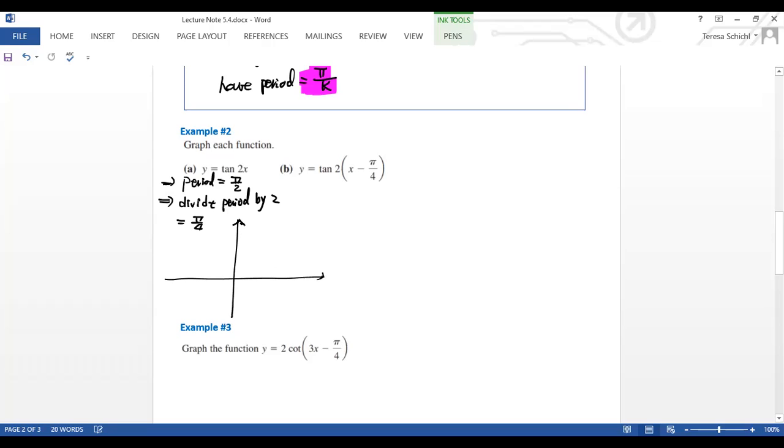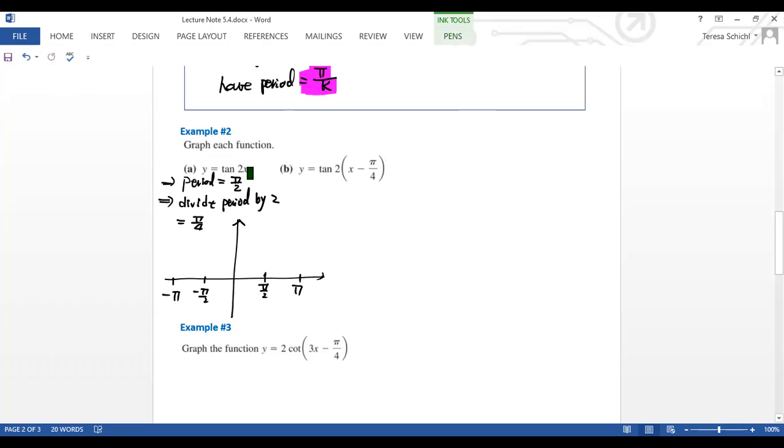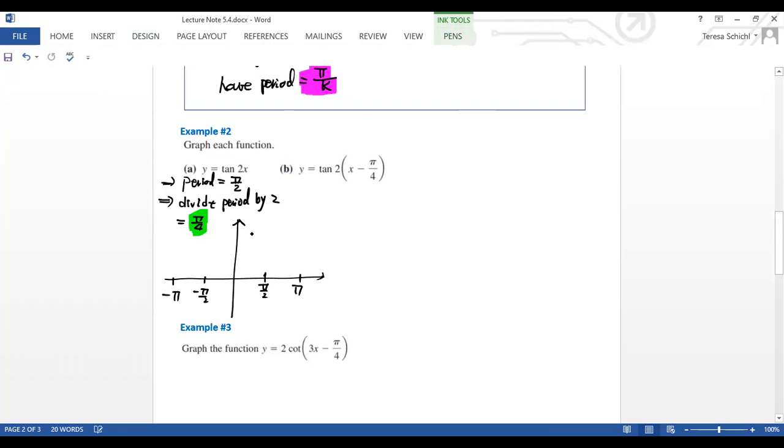So this is tangent. This is pi over 2. This is pi. This is negative pi over 2. This is negative pi. Now, my period shrinks to pi over 2, so for each one, my asymptote is going to be at pi over 4, right in between here.